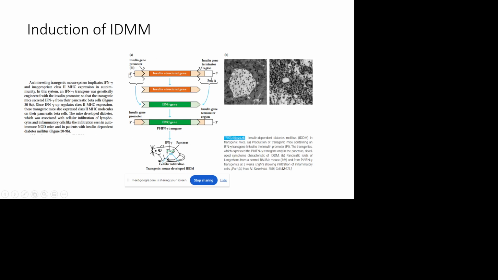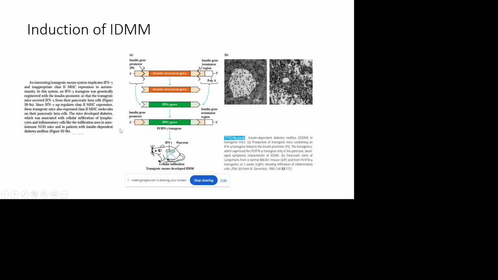This is the insulin structural gene, and this is the promoter of the insulin. You can take this promoter PI, which is the insulin promoter, and fuse it to the IFN gamma gene, right? Now when you fuse this insulin promoter PI to the IFN gamma gene, it will become a PI IFN gamma transgene.